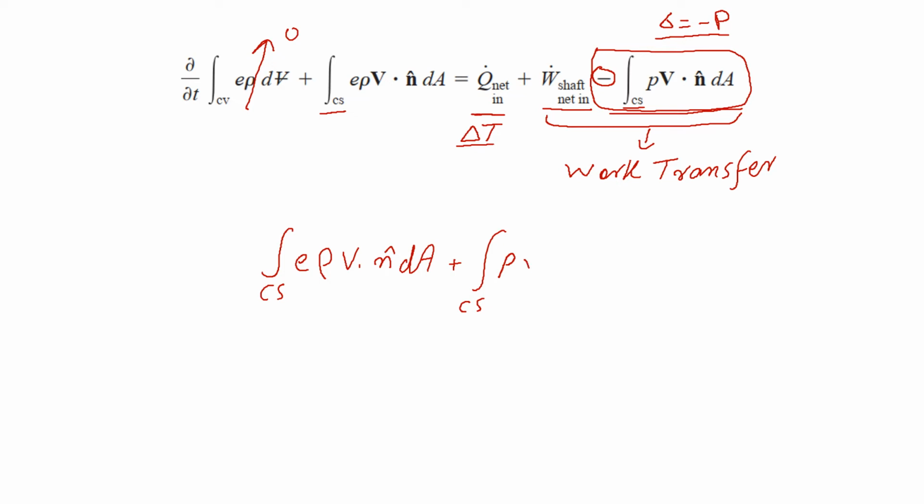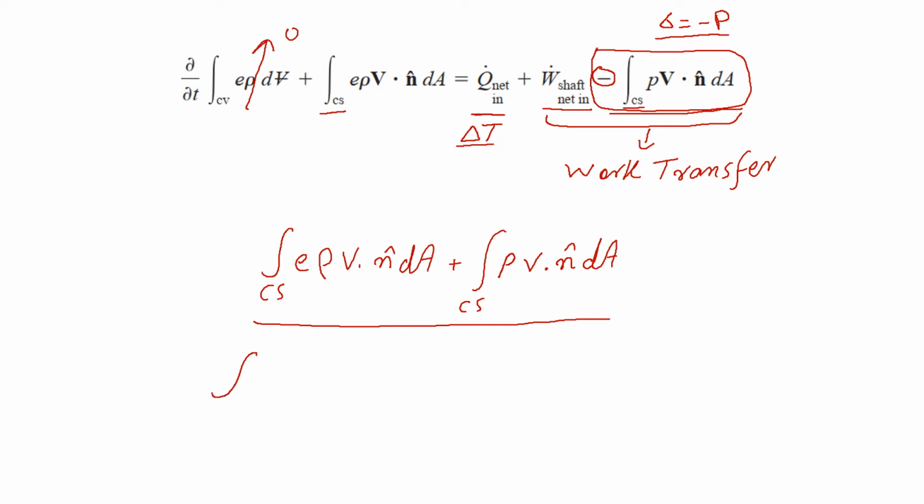So this is the pressure, velocity, the unit vector normal representing the direction of the area, and the differential of this area. So we can write a single integral for both of these terms.